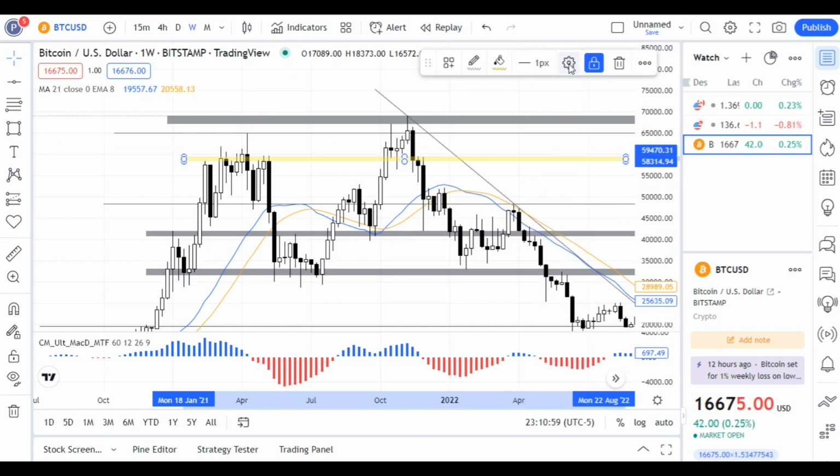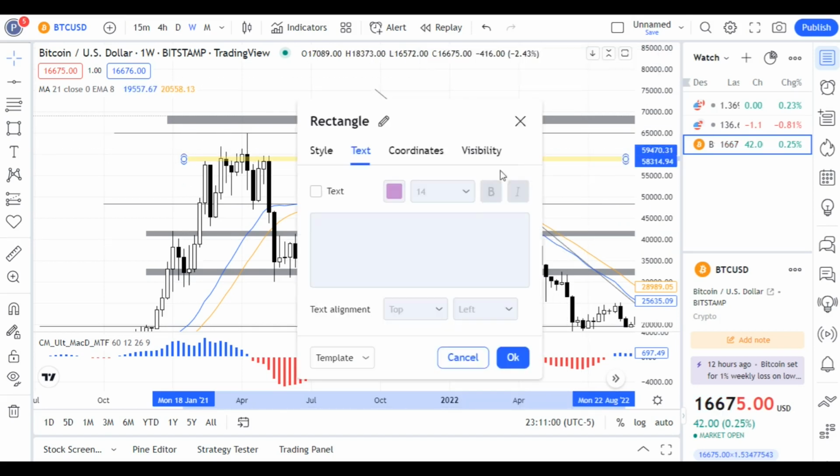If you want, you can label it with text. So S and D zone. Let's take weekly, so WS and D zone, the weekly supply and demand zone.